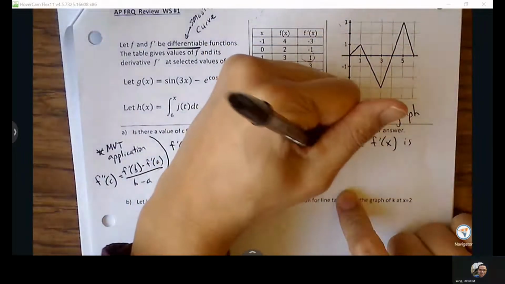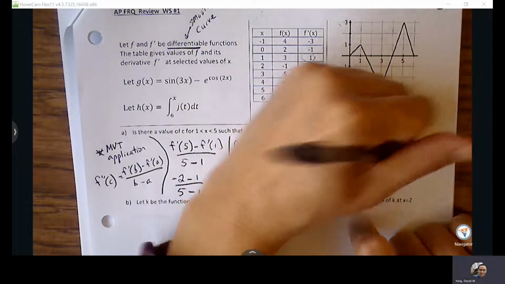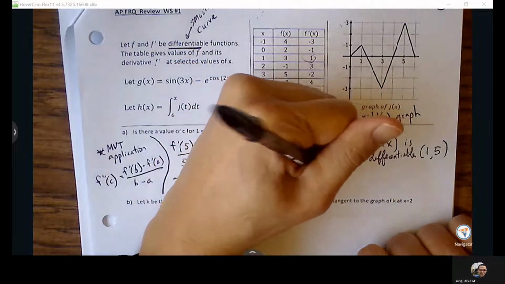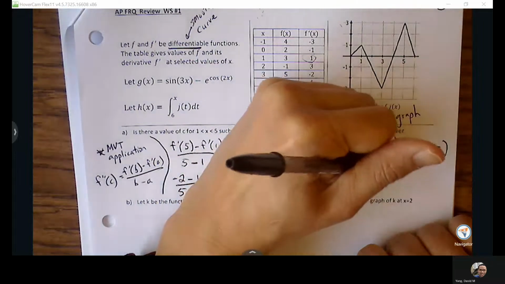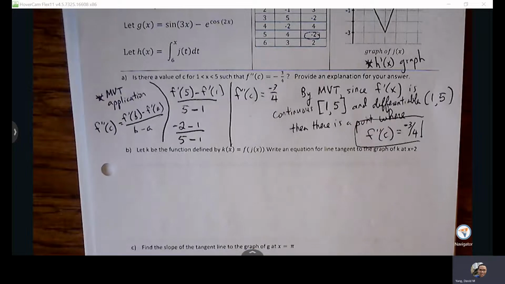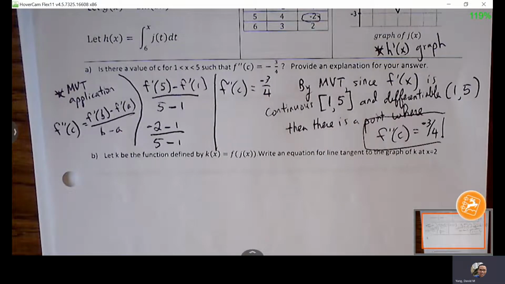So continuous using brackets and differentiable using parentheses. Okay, any questions with part A?